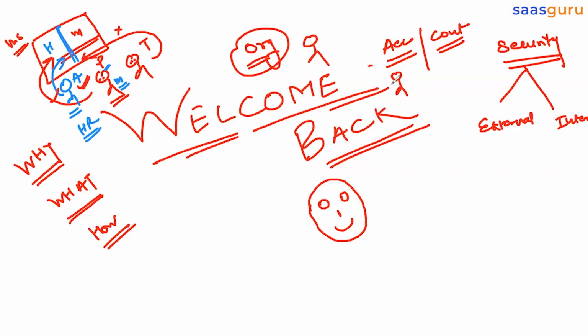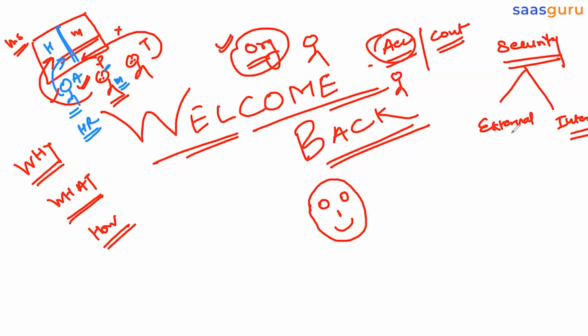If that's the case, I am willing to protect my objects or the different things present inside Salesforce from the person who is accessing my org, but they are required to have access to different data. That's nothing but internal security in Salesforce.